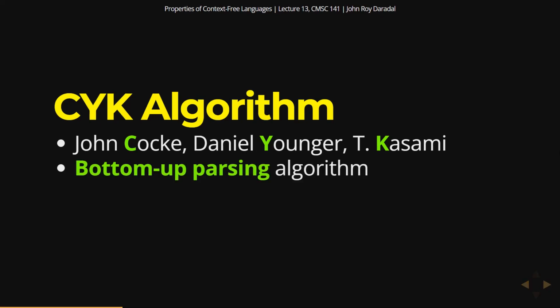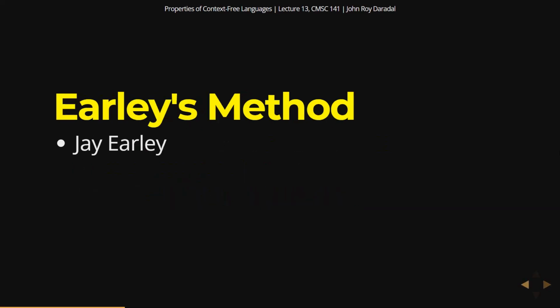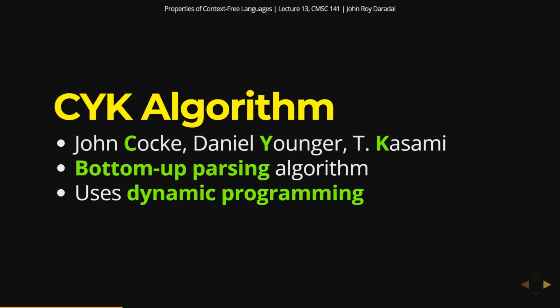And it's basically a bottom-up parsing algorithm. So we discussed this, right, before when we talked about parse trees. So bottom-up starts from the input string itself, and then goes to work upwards to build the previous sentential forms until you get the start symbol. So it's a bottom-up parsing algorithm, and it uses dynamic programming.